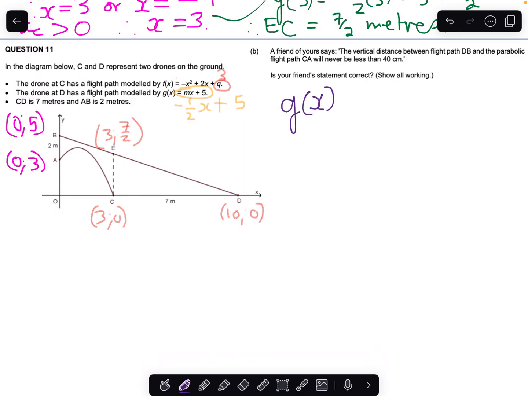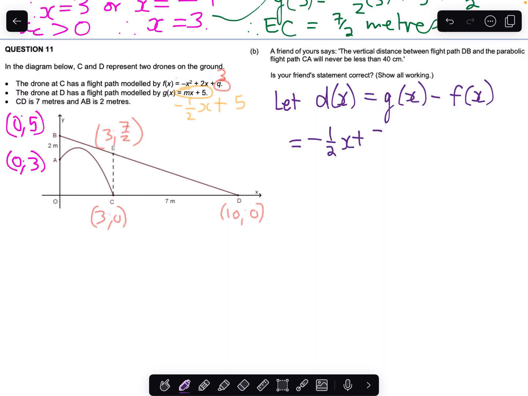Okay, so we're going to look at the difference. Let d of x equal the difference between these two functions, which is minus a half x plus 5, minus (minus x squared plus 2x plus 3).